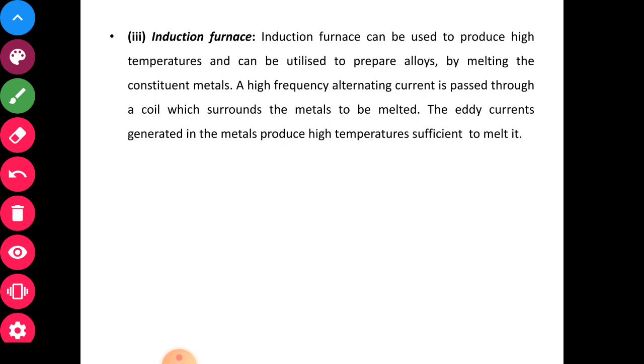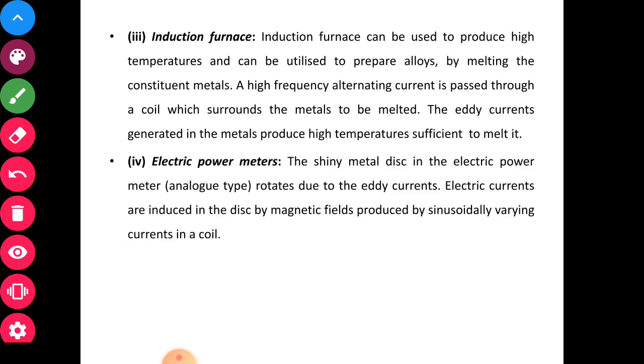Because the eddy currents generated in the metal will produce a high temperature. As the magnetic field around the metal is changed quickly, the changing eddy currents produce a large amount of heat, and by this heat the metal gets melted.